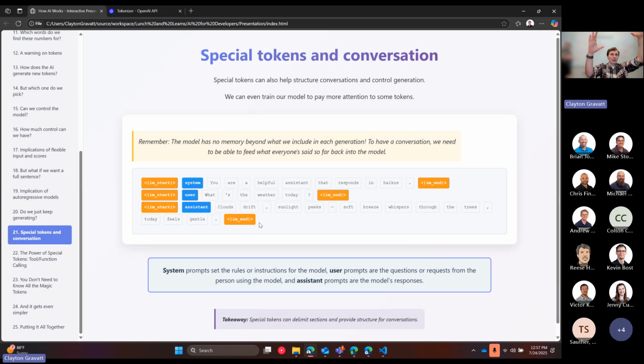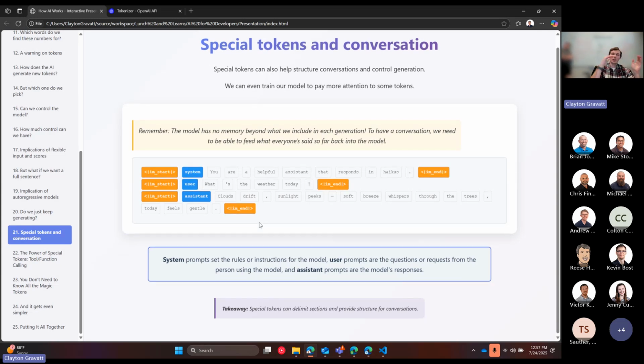We'd feed all that back in, plus another section for what our user has said here. So this is showing two things: a different type of control token, and also part of the reasoning for why prompts are usually arrays of chat messages, between our system prompt where we're describing how we want our model to respond, then our user, then our assistant, because we need to be able to feed all of that back in to have that conversation keep going.